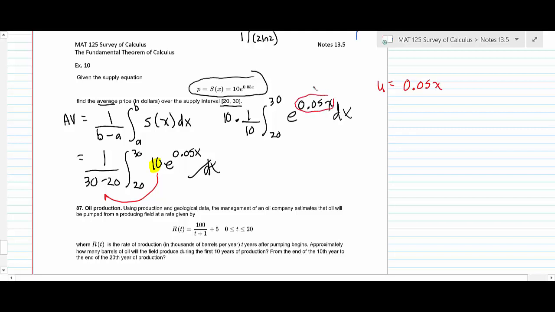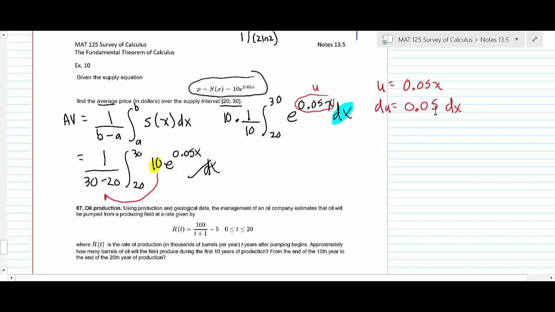So that's U. Now, what is du? It's the derivative, which is what? 0.05 dx. You know, the derivative of something times x is the number in front. Okay, here's where some of you, I can tell, don't understand. What were you hoping du was? dx. It isn't. So how do you make this become dx?